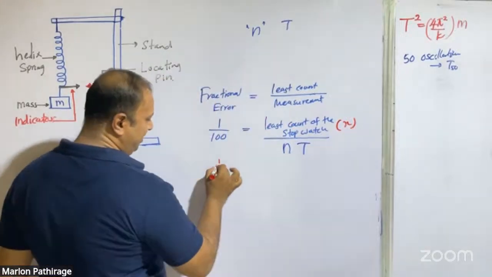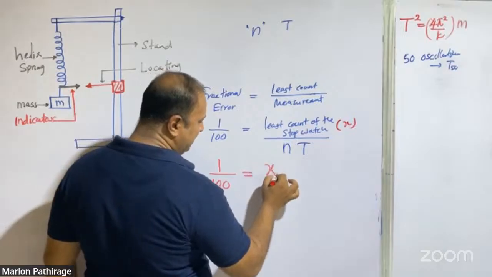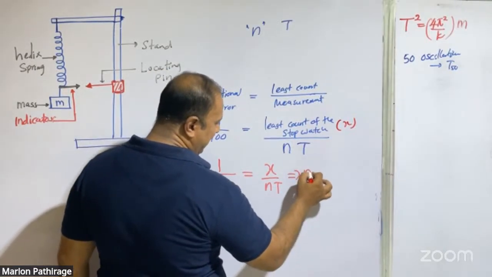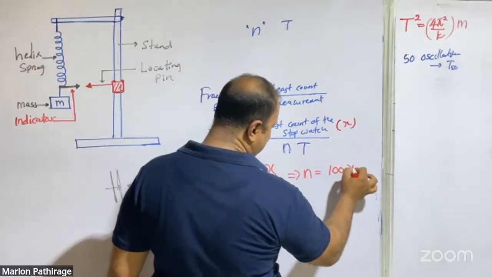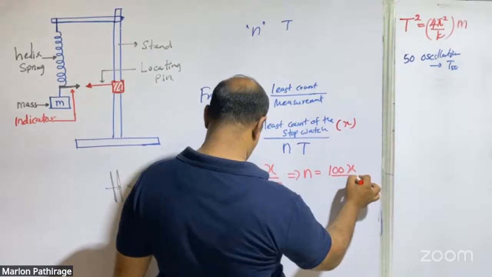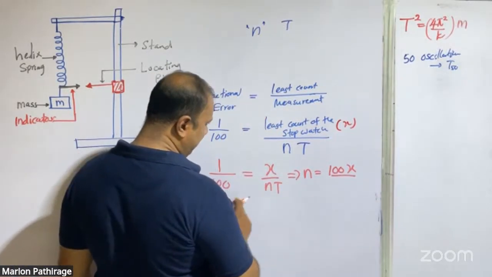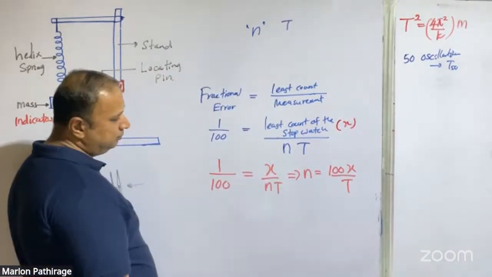Therefore, I can write this one plus 1 over 100 over x over 80. That means n is equal to 100x over 80.